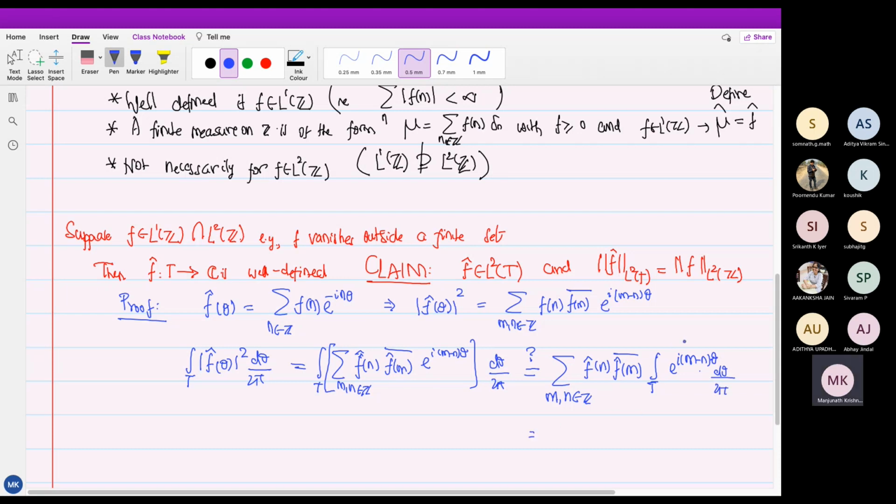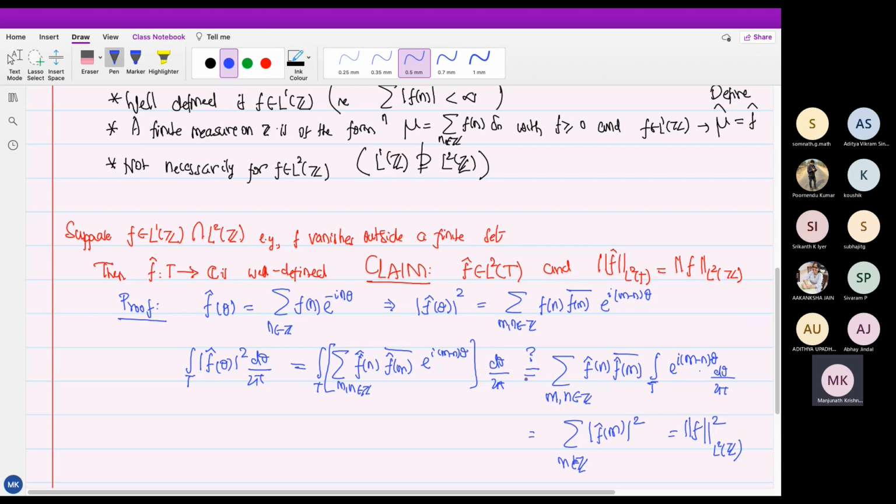Now you know that this is 0 if m is not n and 1 if m equals n. So when m is n, you get just f of m squared, which is just the L2 norm squared of f.